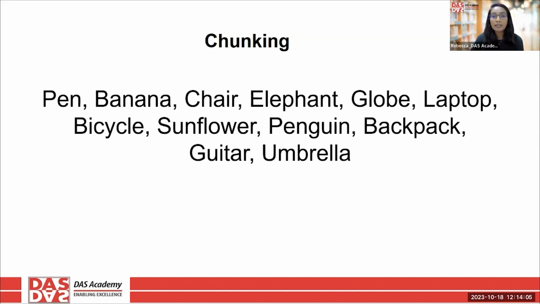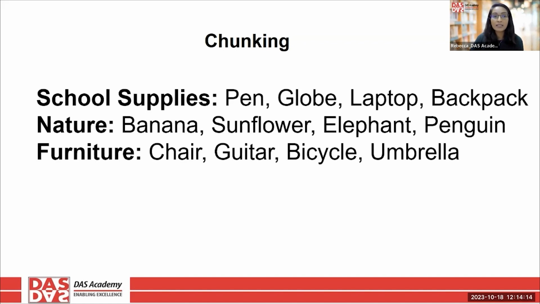So the chunking method is to group these items into smaller related categories like this. I'm grouping them into three broad categories: school supplies, nature, and furniture. And I'm sorting the words that were presented earlier into these three broad categories.